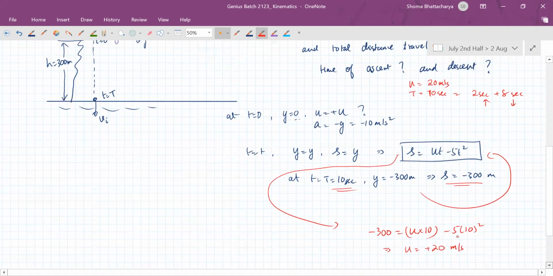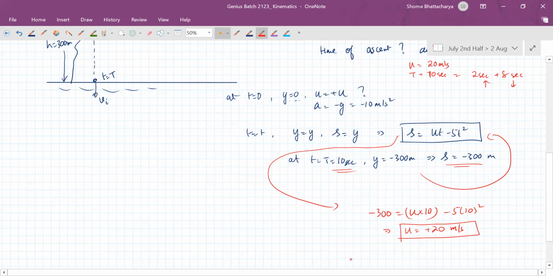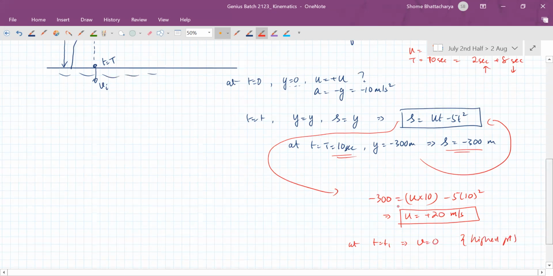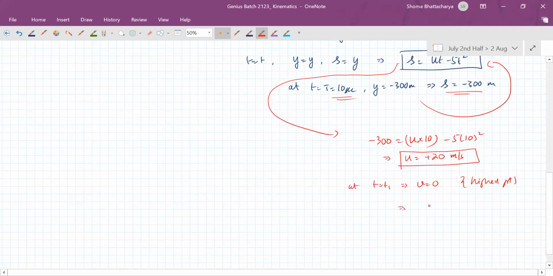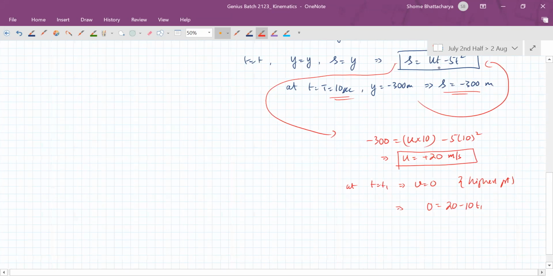And once you got this, now you can see that at t equal to t1, suppose the velocity becomes 0. That means it's reached the highest point. So the highest point is 0 is equal to 20 minus 10 t1, because also you will have the second equation of motion.